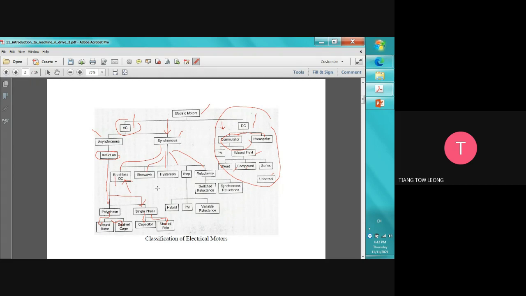And I'm not sure whether you have heard about Dyson or not. Dyson is actually using a reluctance motor. This one, the switched reluctance motor, Dyson, and this is the cheapest motor. The cheapest motor, and yet when we buy the Dyson, it's very expensive, a few thousand, you know. This is the switched reluctance motor, it's the cheapest one, the lowest efficiency motor.